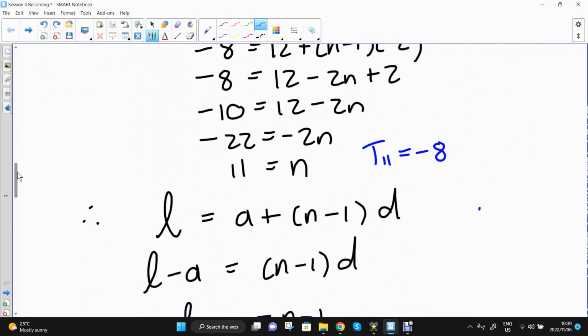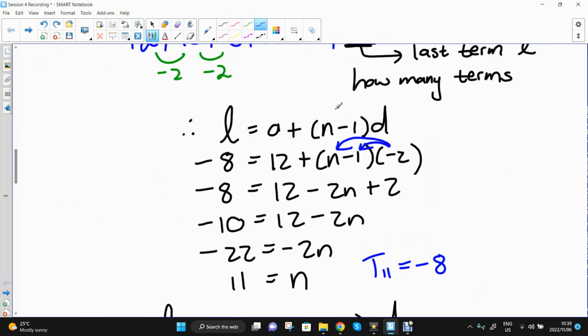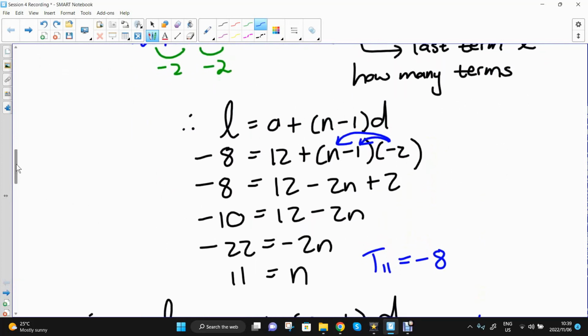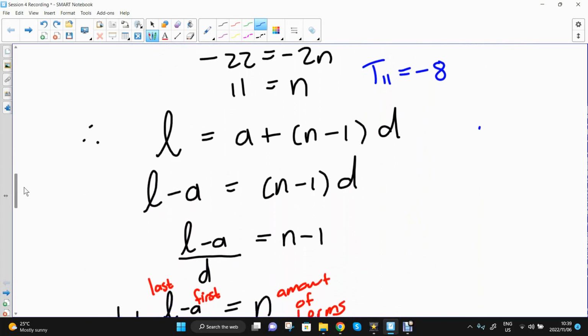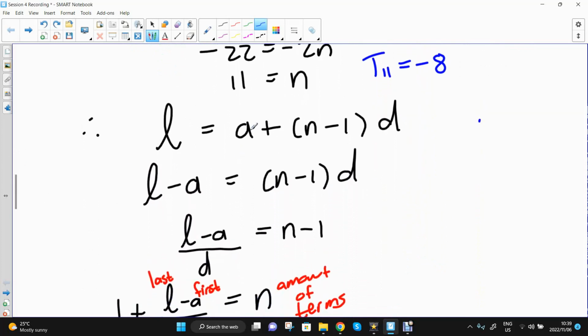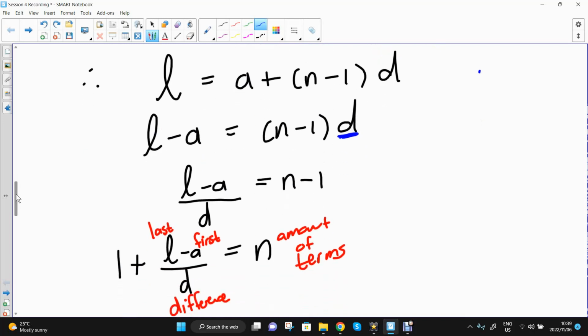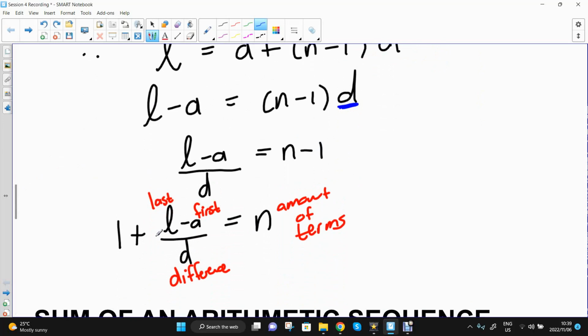Now, a quick way to rearrange this formula is to start off with what we had. You can then see I'm taking the first term to the left-hand side. So this is the last term minus the first term. Then I'm going to divide by the common difference. And then finally, I'm going to take this 1 to the other side. So this is a very useful formula to remember.